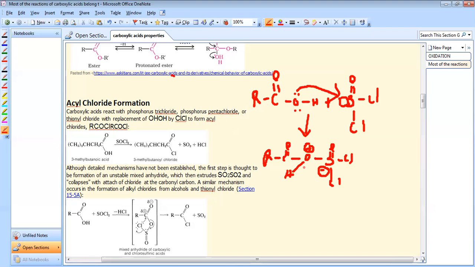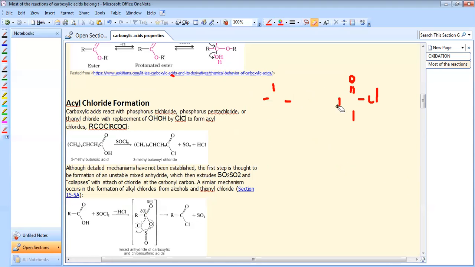Then H plus ion is released, and here Cl minus is released. Why? Because chlorine is a highly electronegative element, so it can easily take up an electron. Thereby releasing of HCl takes place. So in the first step, minus HCl. How? Like this. Okay, next I will show the next step.